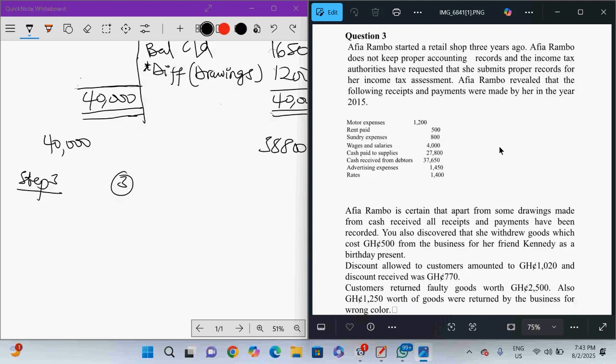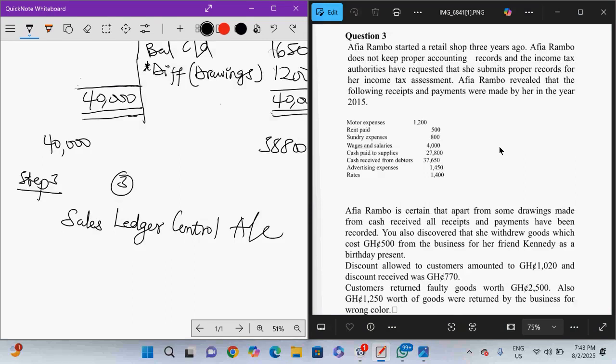So we have to prepare our sales ledger control account. If you don't use this question to understand single entry, income statement approach, then I don't know the question that you use to understand.